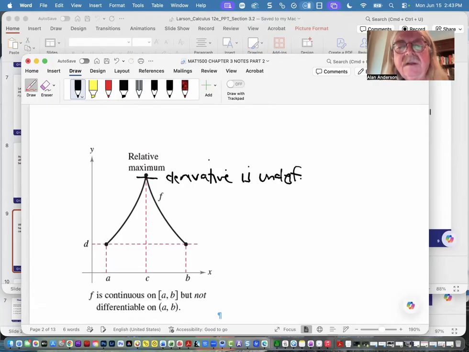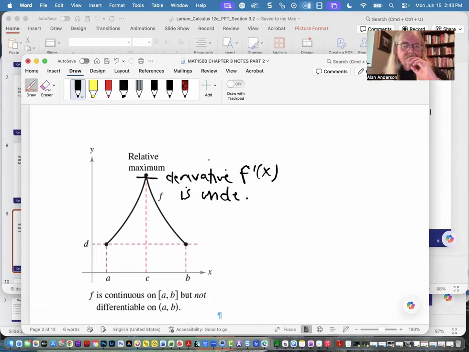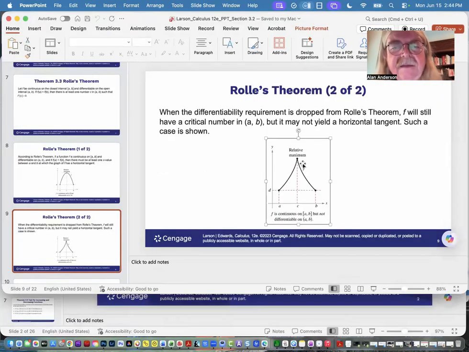Hold on, let me make that a little neater here. But in spite of that, there's a critical number in here.